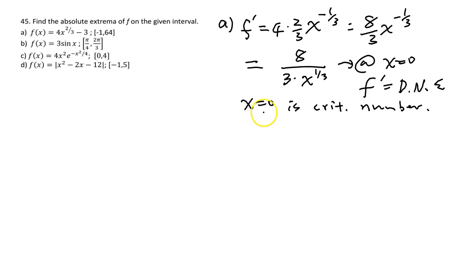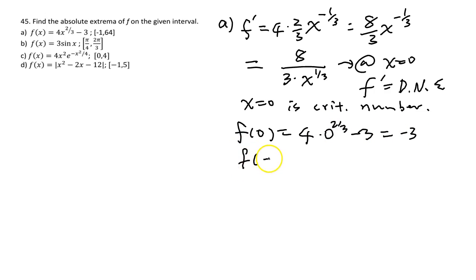Once you have the critical numbers and also the boundaries, to find the absolute extrema, you just have to evaluate the function at the boundaries and the critical numbers and compare those values. So f of 0 in the original is 4 times 0 to the 2/3 power minus 3, so that's just negative 3.